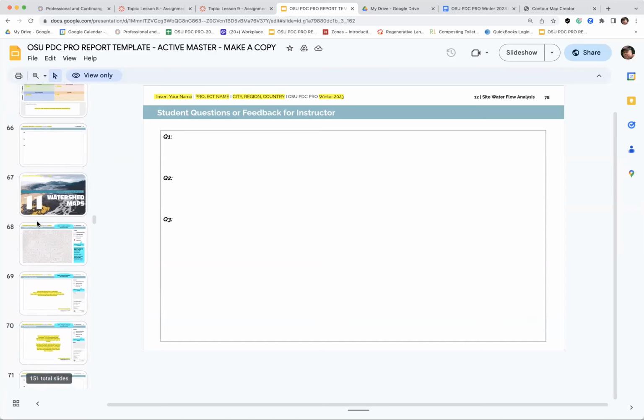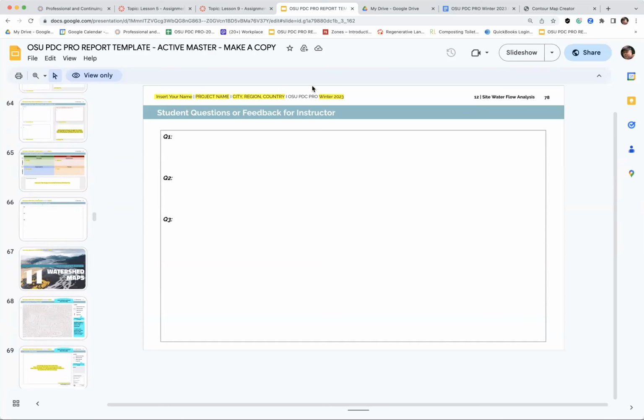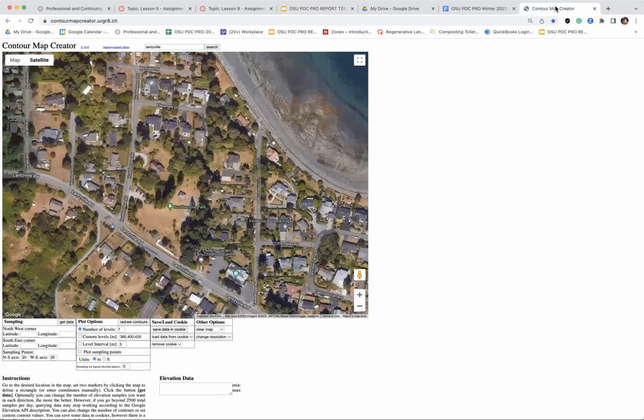So let us take a look at Contour Map Creator. Some of you may not have contour info, and you might want to use this tool to grab some. Now, I would not use this for professional purposes. It's just not that accurate.